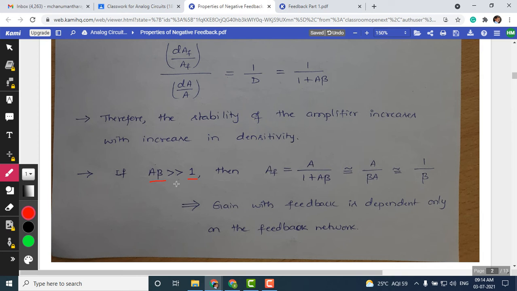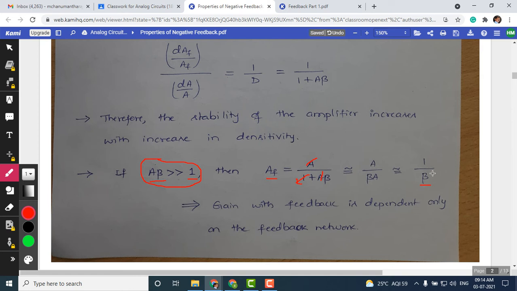So, if I apply this assumption into this formula, what happens now? This shows that this 1 can be neglected in this equation. So, if you neglect 1 here, this A cancels with this A, and what you are left with is just 1 by beta. Now, see here, gain with feedback only depends on the beta.